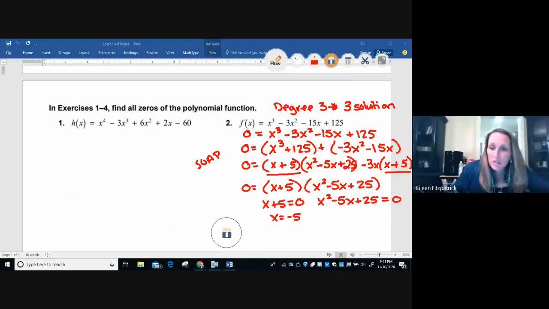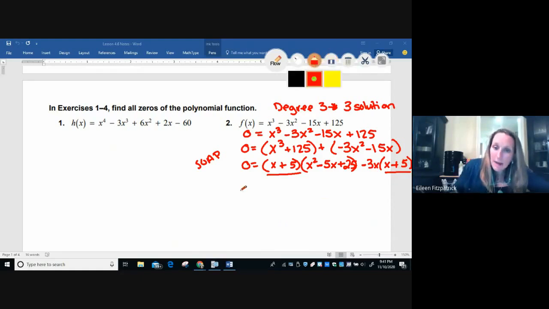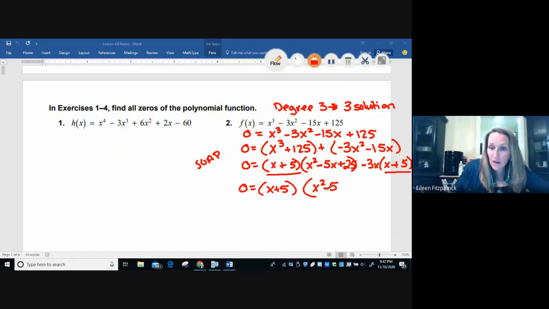I just noticed, I don't know if you caught on to it. When I factored out my GCF, I totally forgot about this x. Backtrack, I apologize. The common binomial factor is x plus 5. That was correct. What's left over, I missed something. When I divide this by x plus 5, I'm left with x squared minus 5x plus 25.